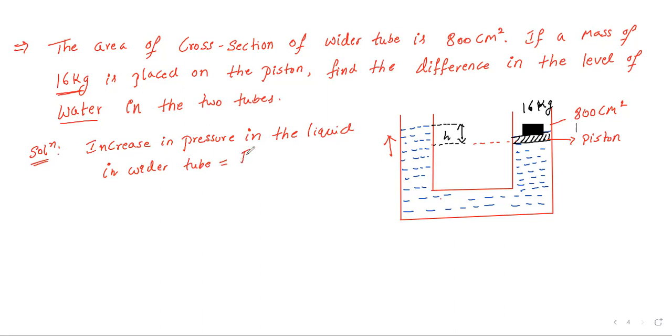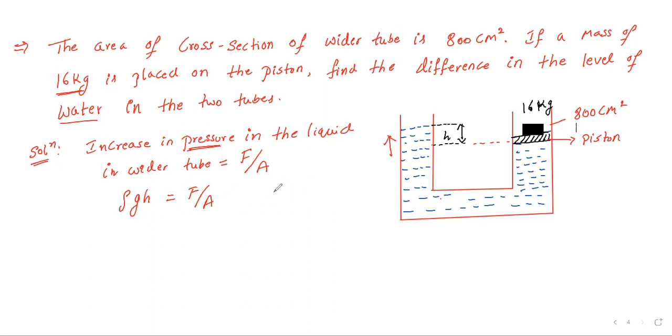Usually the pressure formula is F by A, force per unit area. That increase in pressure depends on its density, acceleration due to gravity, and height. So the pressure can be written as F by A, which equals rho G H.